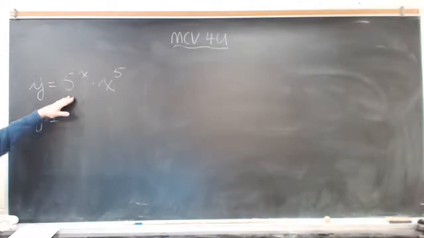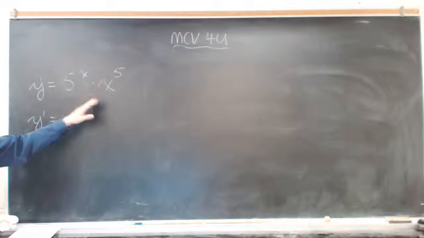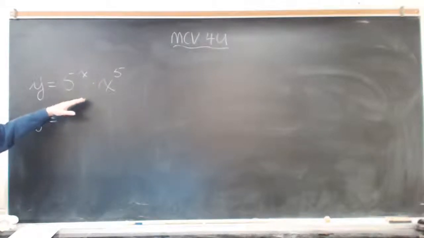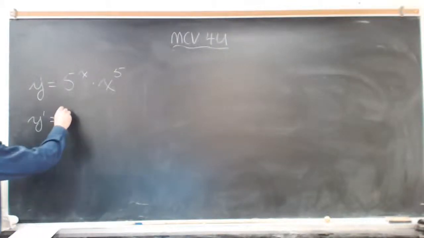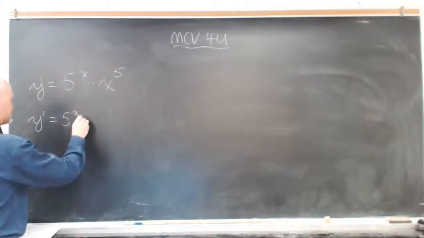Do we do derivative of the first times the second plus the second times the derivative of the first? No, that's exactly the same thing. I just said it backwards. Okay. Derivative of 5 to the exponent x, negative tan of x times the natural log of 5. Exactly.